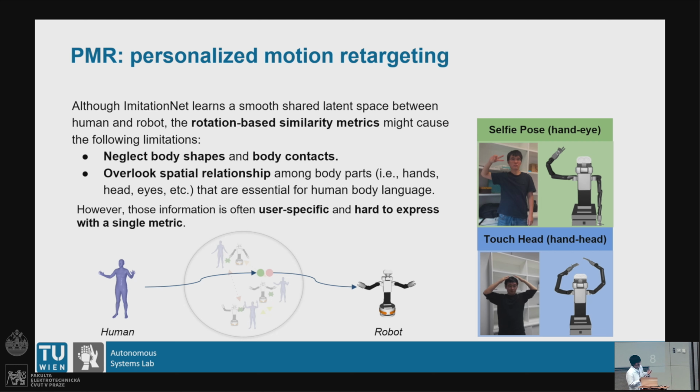For example, if you want to touch your head, which has some special meaning, with only a rotation-based similarity metric, you will probably see the robot's hand far away from its head. Or there's a selfie pose, where you want to put your hands close to your eye. Such user-specific postures are not easy to describe with a simple similarity metric.